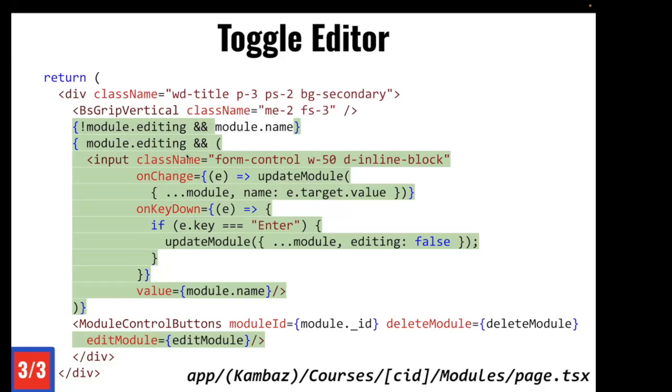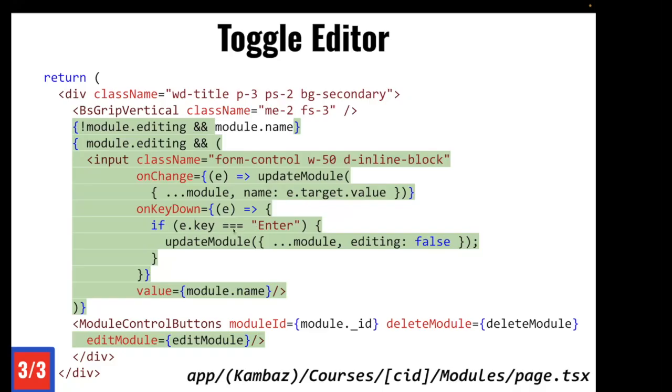So when we're editing, we display the input field and initialize the value to be the name of the module. And then as we're typing away, we accumulate the characters into the module name. But if you press enter, if it's a keyboard stroke, they're all going through here.